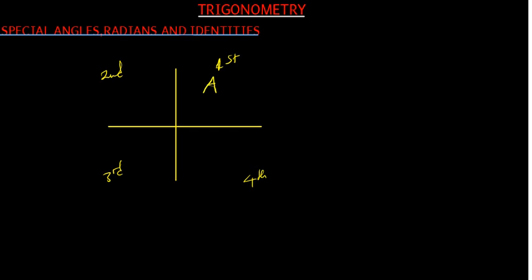Sine is positive, cosine is positive, and tangent is positive. In the second quadrant, only sine is positive, the others are negative. In the third, only tan is positive. In the fourth, only cos is positive. So it is only in the first quadrant that all the trig ratios are positive, and in the others it depends on which quadrant you are in.